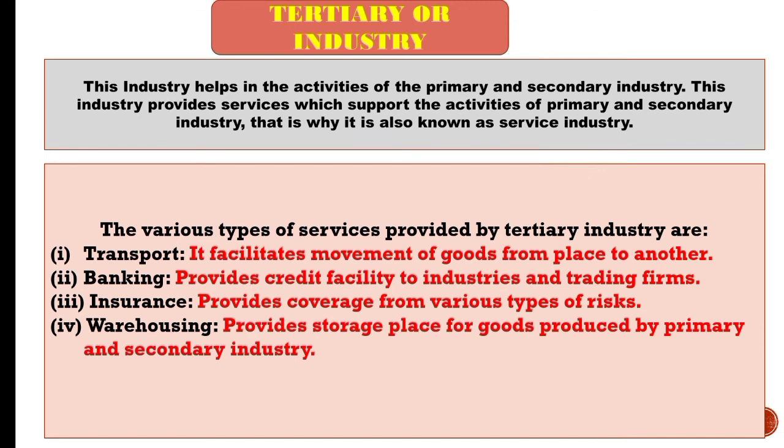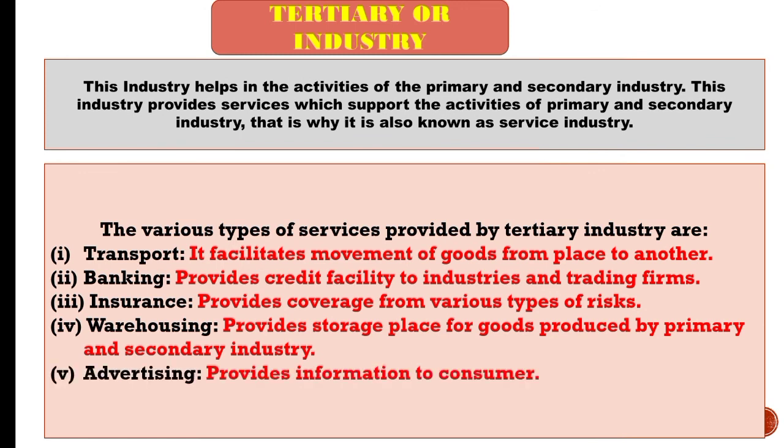Some special arrangement has to be made to store the goods to prevent loss and to keep them fresh. So warehousing helps in the storage of goods. Last is advertising. Advertising means providing information to the consumer or customer. Practically it is impossible for a manufacturer and the trader to contact each and every customer, so advertisement helps to overcome this problem.